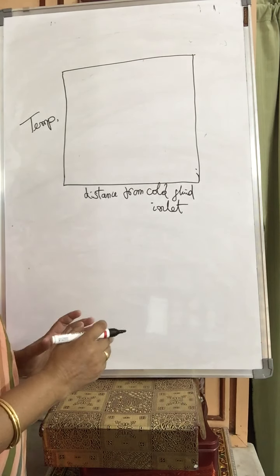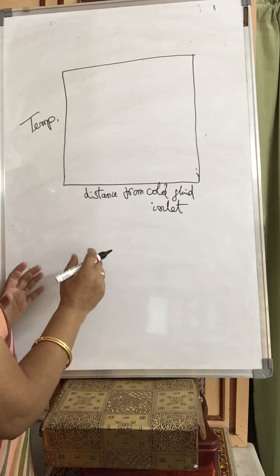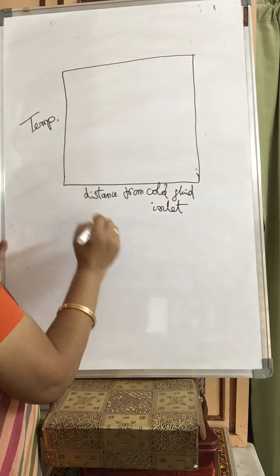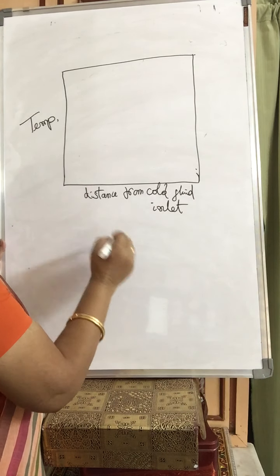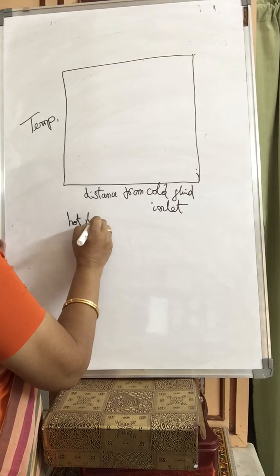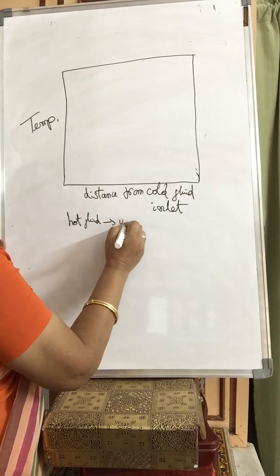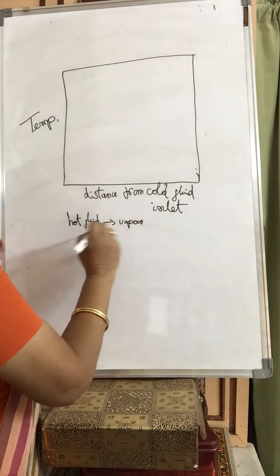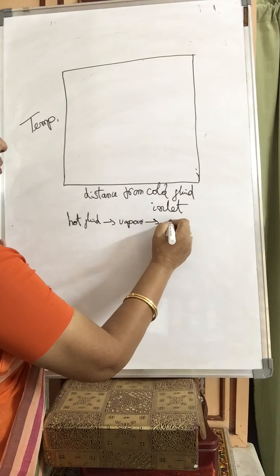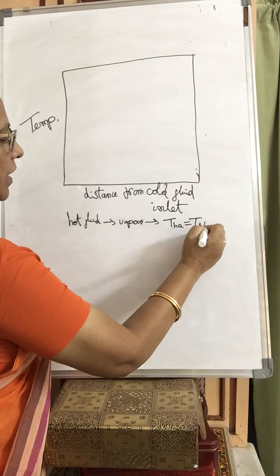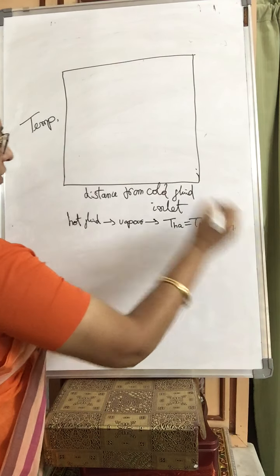Now for the condenser, if you want to draw the diagram here, as I have just discussed, we have two fluids. One is the hot fluid. Here the hot fluid is the vapor in this condenser. What are the entering temperature and leaving temperature? THA equals THB equals TH.